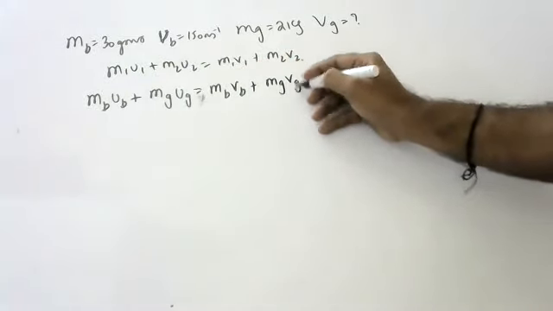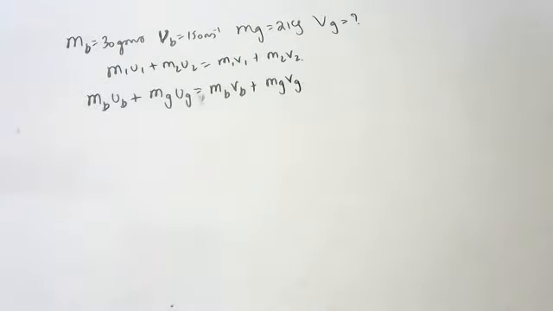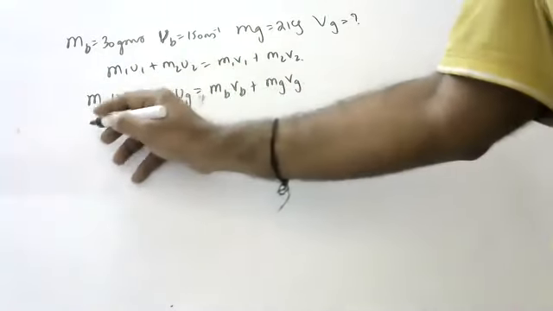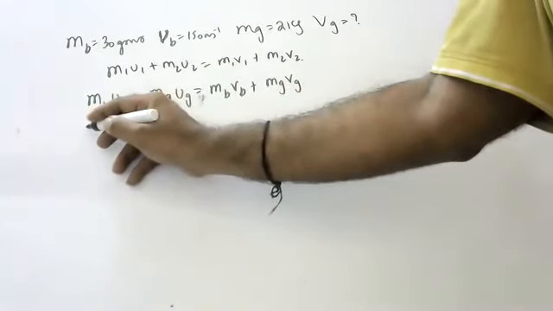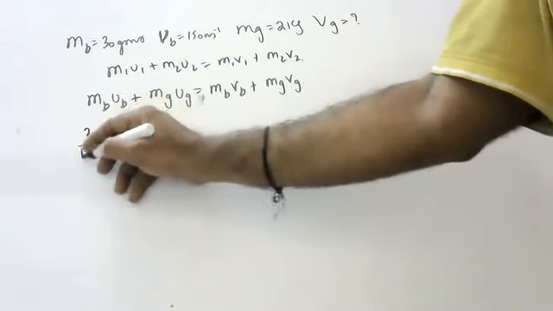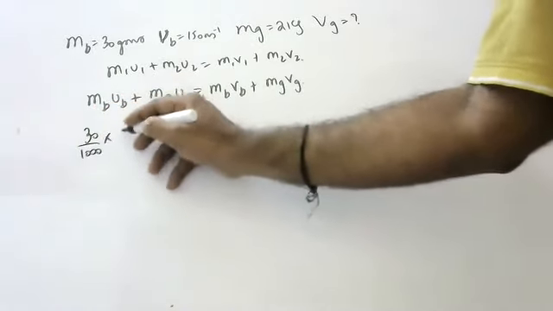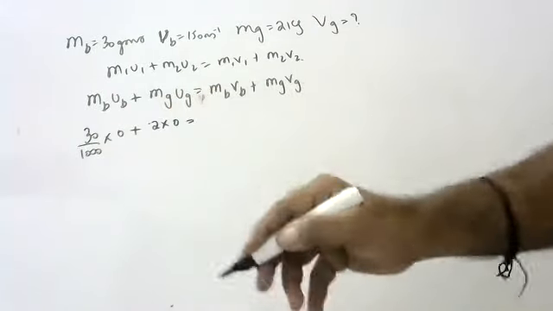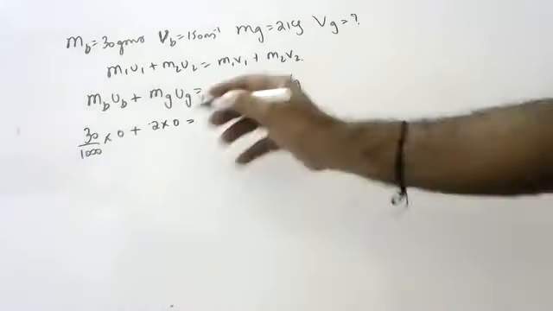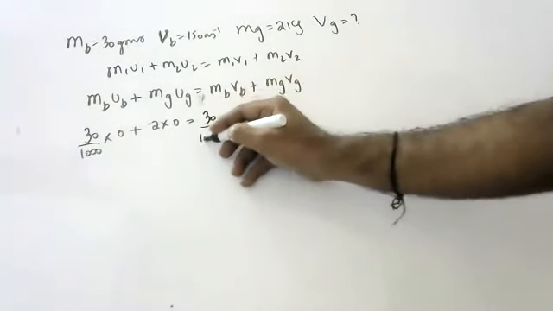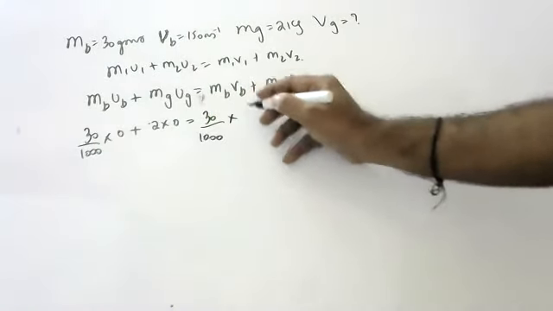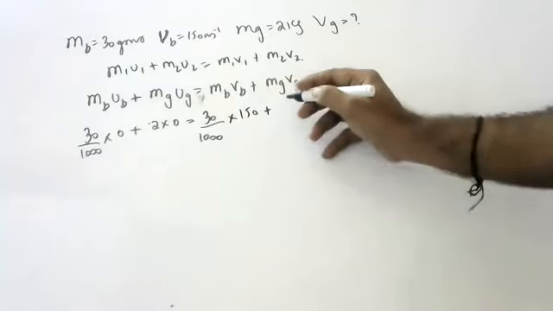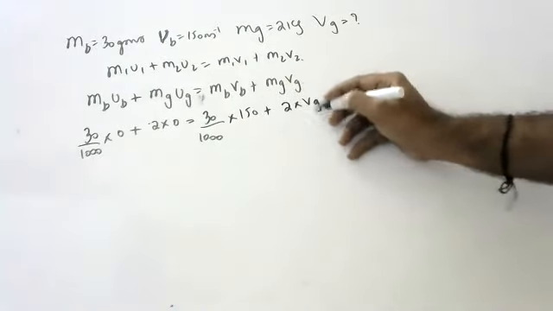A lot of disturbance. Tell me. 30 by 1000 into 0 plus 2 into 0 is equal to 30 by 1000 into 150 plus 2 into Vg.